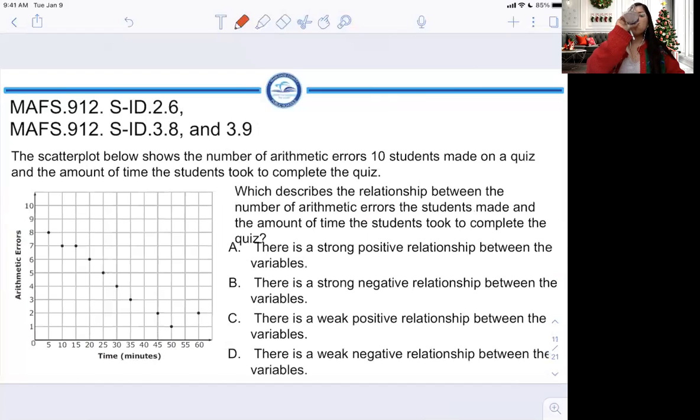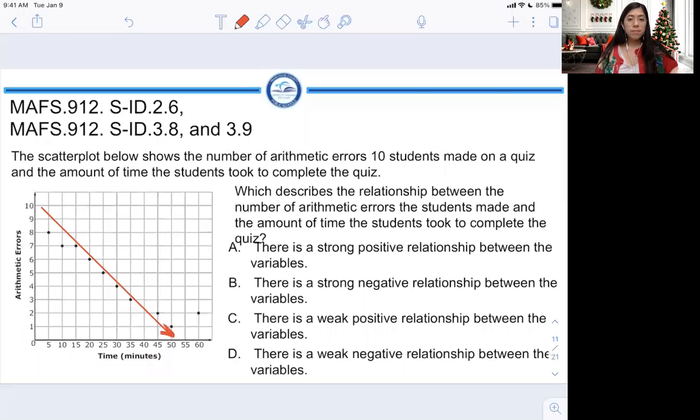Graphs, functions. Functions, for sure. What type of function does this kind of look like? Linear. Yeah, because most of these dots seem to be traveling downward, right? So they don't follow a perfect line, but they seem to follow a decreasing sort of pattern.